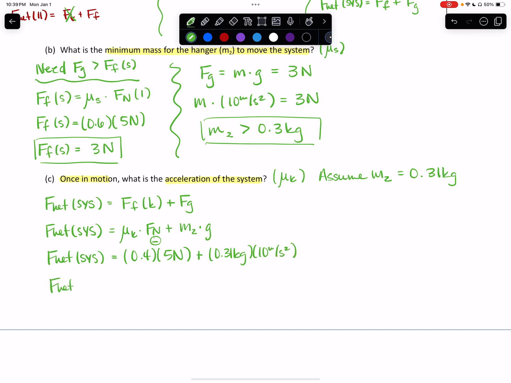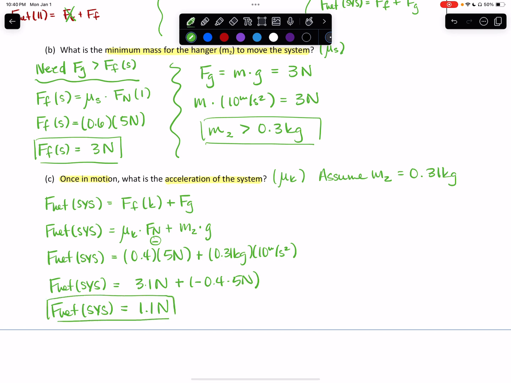So the F net of the system is going to be equal to 3.1 newtons, there's my Fg, plus a negative 0.4 times 5 newtons. If I plug all that in, I get an F net of the system that's equal to 1.1 newtons. So there's the net force acting on our system.